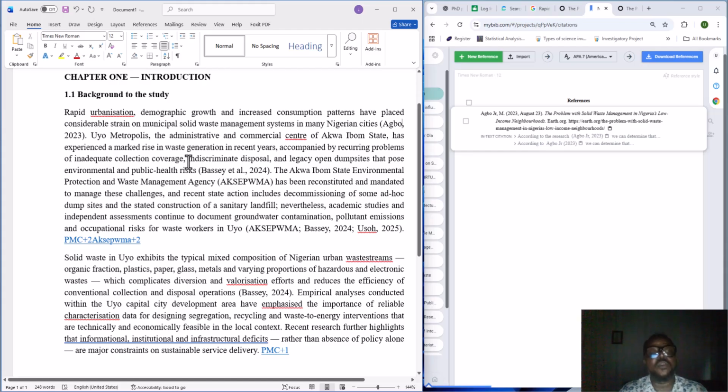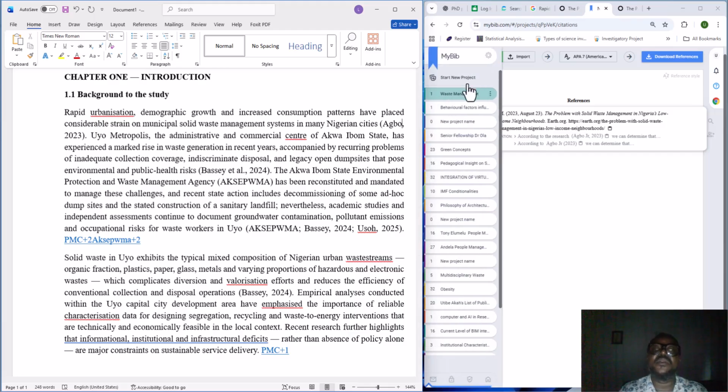Absolutely, because if you look around, you go to Itam market, you go to some market areas, you see indiscriminate disposal, and legacy open dump sites that pose environmental and public health risk. This says it was by Bassi et al.